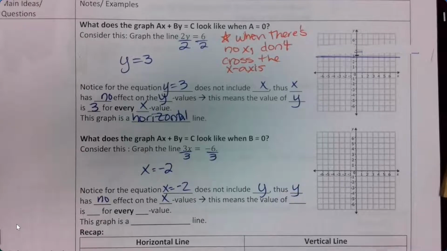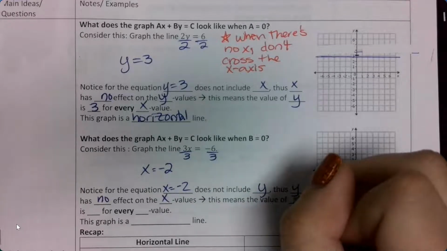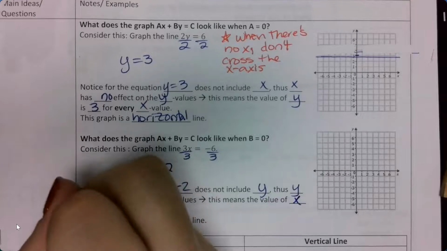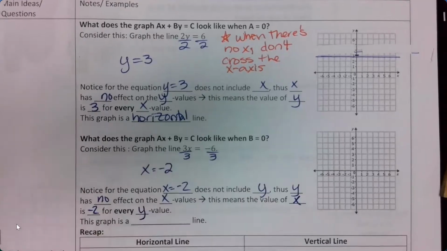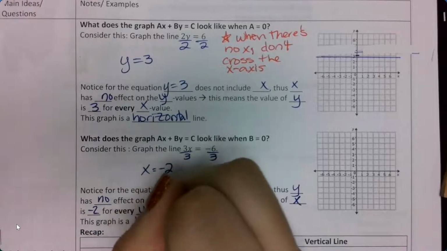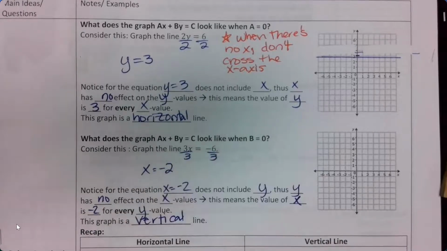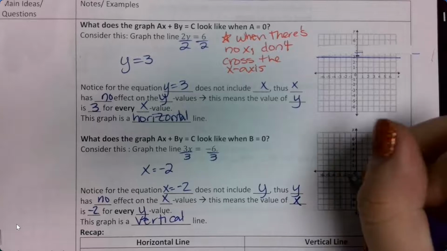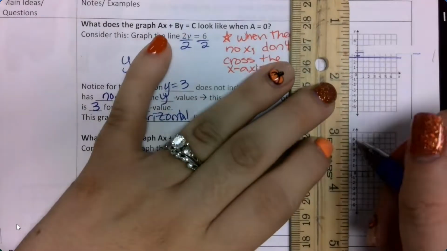And for the value of x, it's negative 2 for every y value. This one is going to be a vertical line. What does the word vertical mean? Straight up and down. So I want to go over to negative 2, and then I'm going to have a straight up and down line.